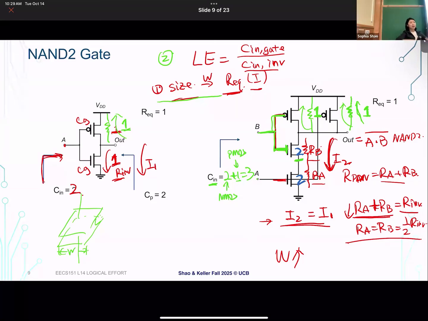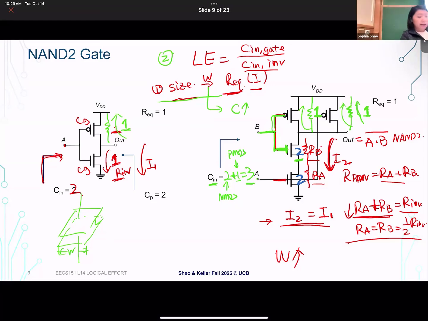For capacitance, when my metal gets wider, my capacitance gets bigger. It's proportional to my area. So that's a connection I guess we didn't make. The size is also proportional to the capacitance. When you get a wider gate, you get a bigger capacitance. So that's the effort we're doing.